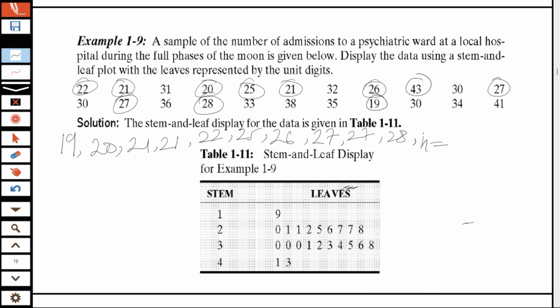We have 30, and an additional 30 again, and another 30. Then we have our last 30, so we have three 30s.